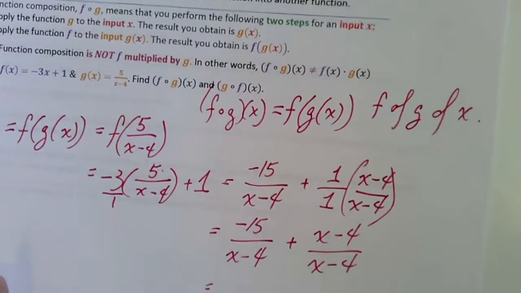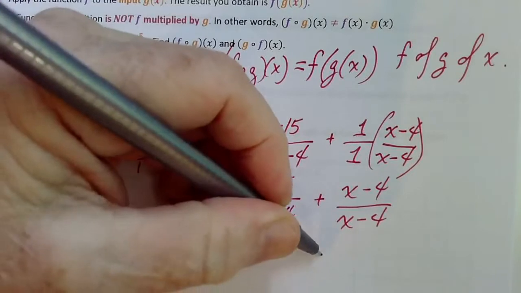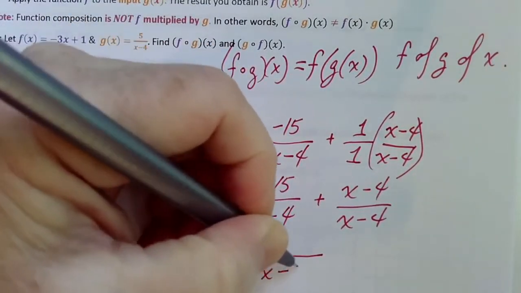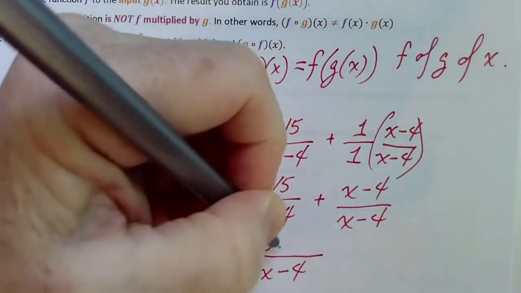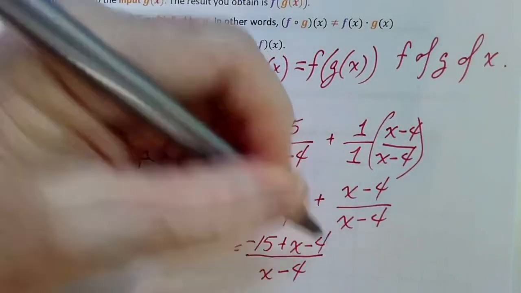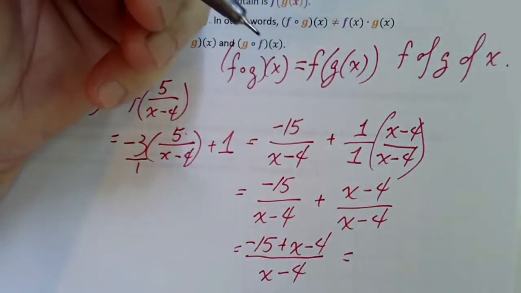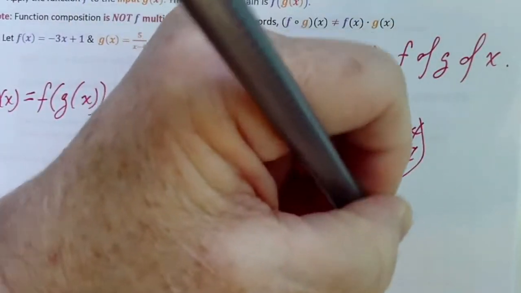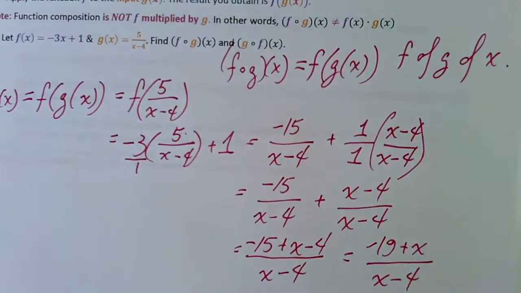Now we can combine these into one fraction because they have the same denominator. So we have x minus 4 as the denominator, negative 15 plus x minus 4. And negative 15 minus 4 is negative 19. And this is all divided by x minus 4.